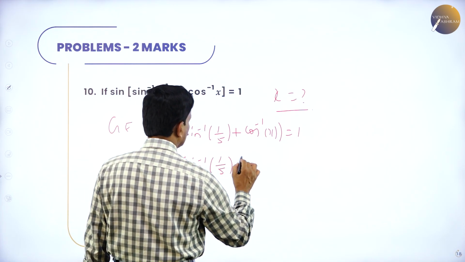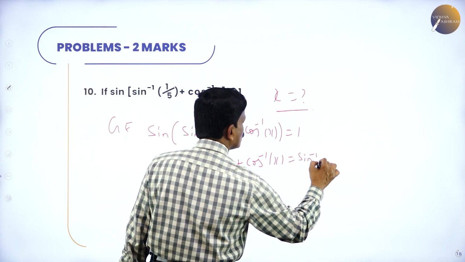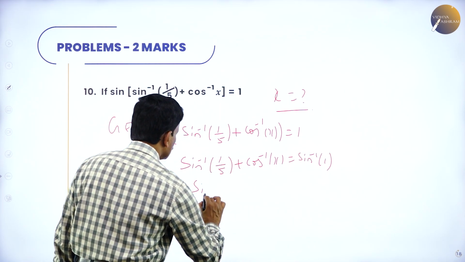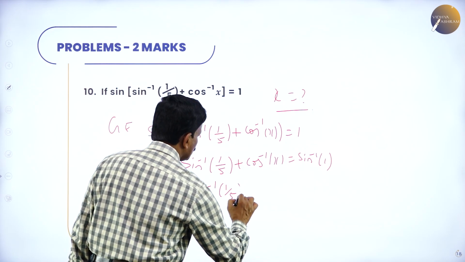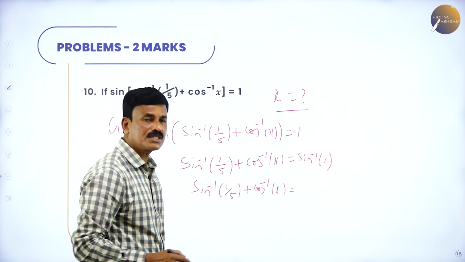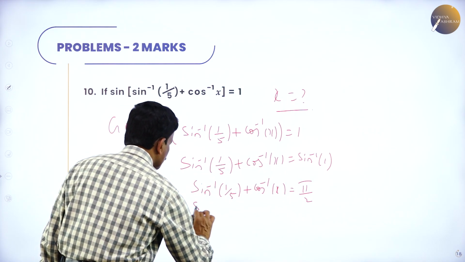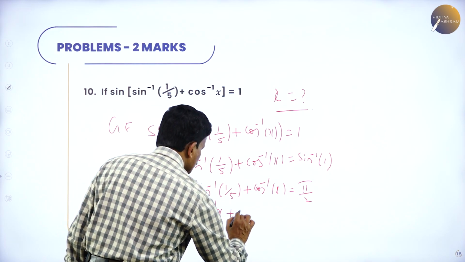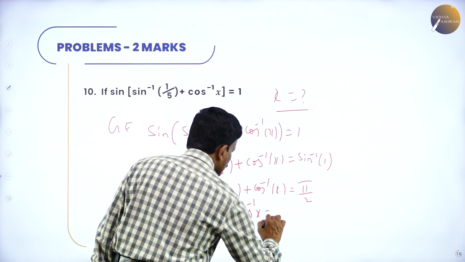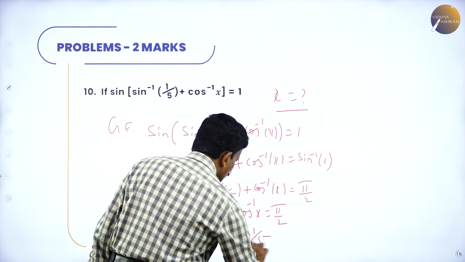Sin inverse 1 by 5 plus cos inverse of x is equal to sin inverse 1. What is sin inverse of 1? 90 degrees, pi by 2. So if you compare, since sin inverse x plus cos inverse of x is equal to pi by 2, therefore the value of x is equal to 1 by 5.